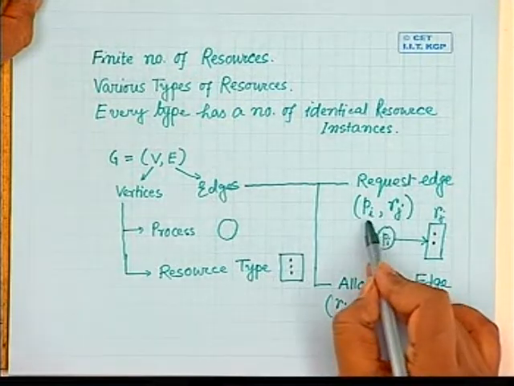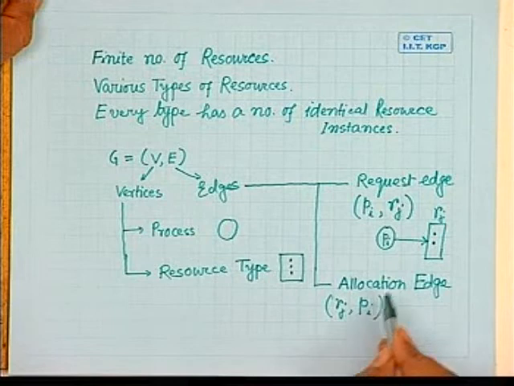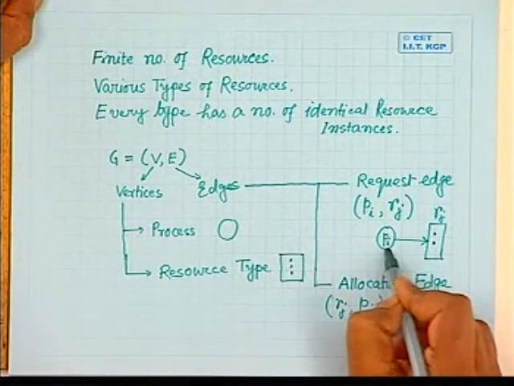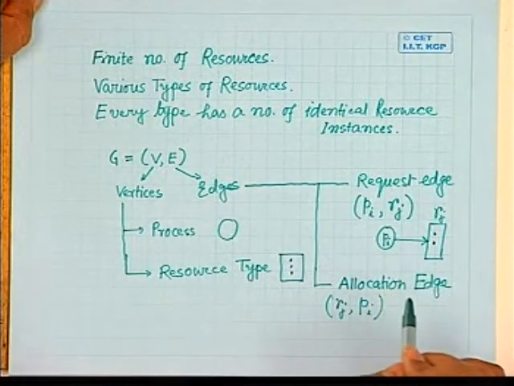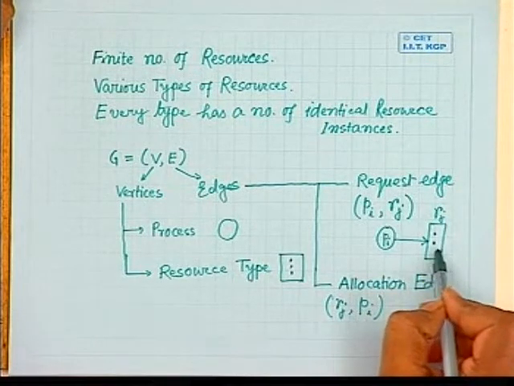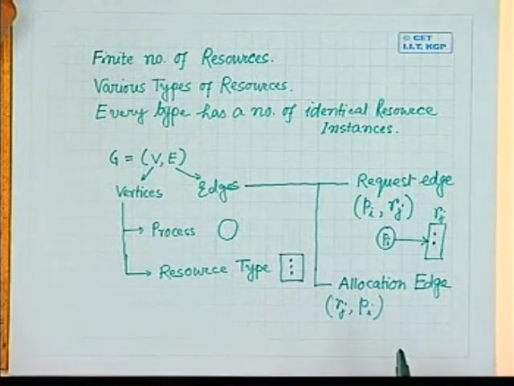So in this case it is Pi to Rj, in this case it is Rj to Pi. And just having an allocation edge from resource type Rj to process Pi is not sufficient, because when the process has requested a resource, it does not know which instance of that resource type will be allocated to the process Pi.